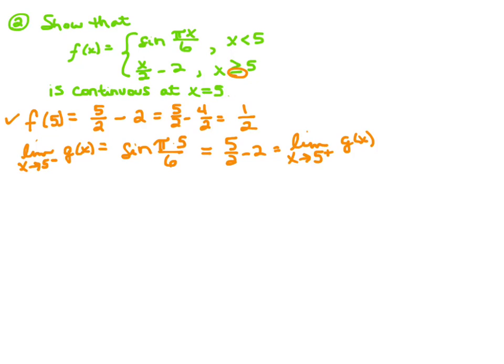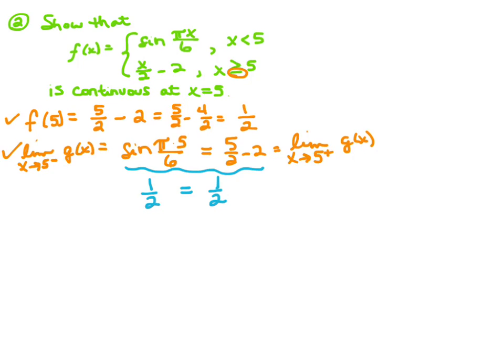And let's see if these two things are equal. Got this equation here in the middle, sine of 5 pi over 6, so that's a unit circle question there. Sine of pi over 6 is 1 half, and 5 pi over 6 is in the second quadrant where sine is positive. And so that does indeed equal 1 half. And 5 halves minus 2, we already figured out that that equals 1 half. And so therefore, the limit does exist.